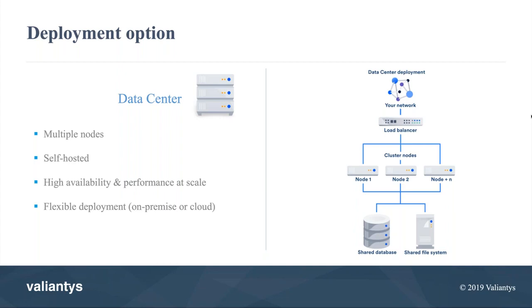So that high availability is very crucial to a lot of enterprise customers, and really any customers that value the Atlassian toolset quite heavily. And then performance at scale. So we talked about, imagine in your server instance, you only have one server that's handling all of your requests.